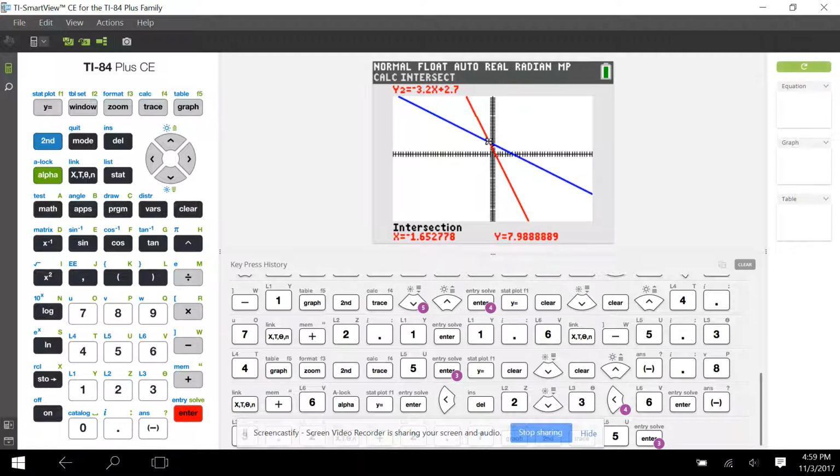Okay, so my intersection is negative 1.65, comma, 7.99. So round to the, ooh, it said round to the thousandths? So I need to put one more number. Okay. Man, we're almost done. Okay, quick.